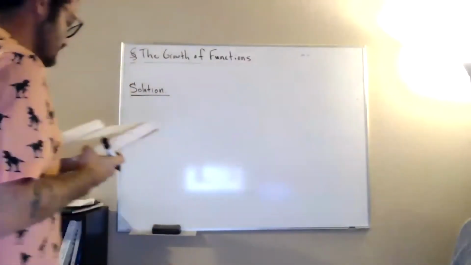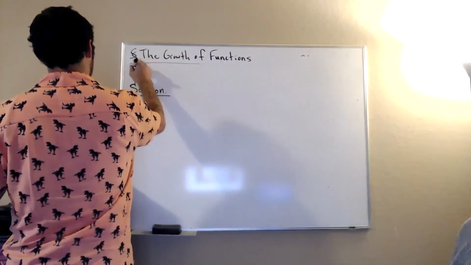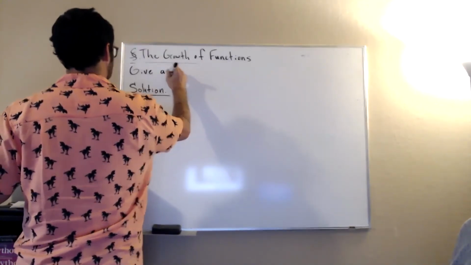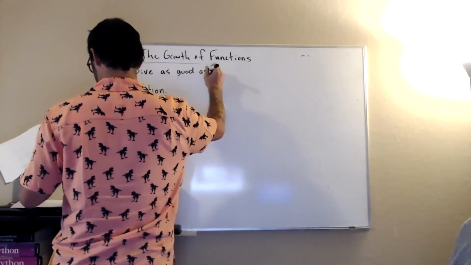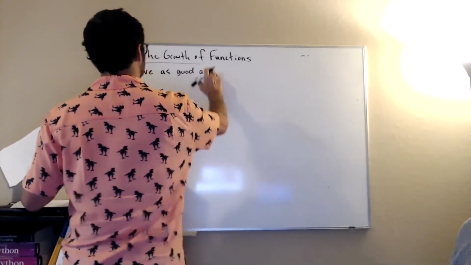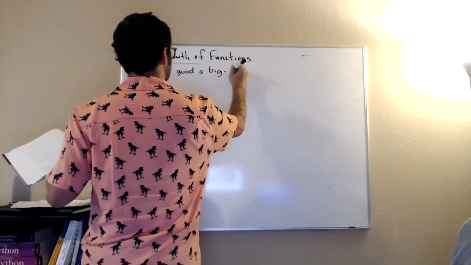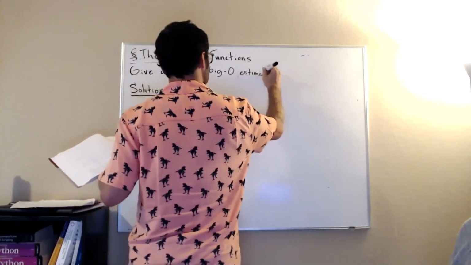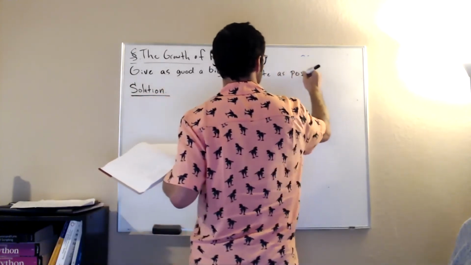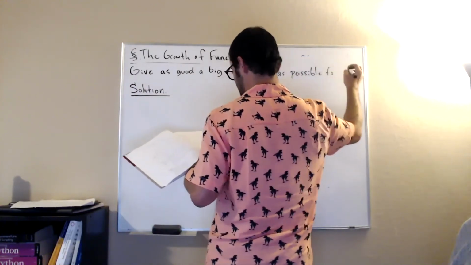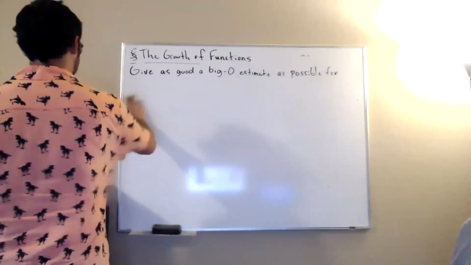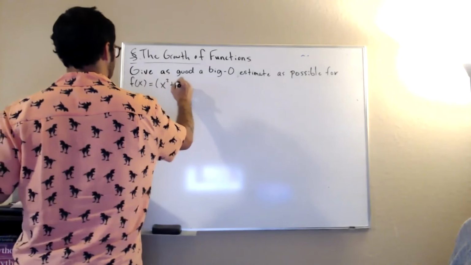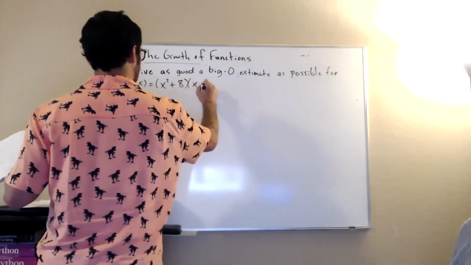So maybe something like: give as good a big O estimate as possible for the function f of x equals x squared plus 8 times x plus 1.